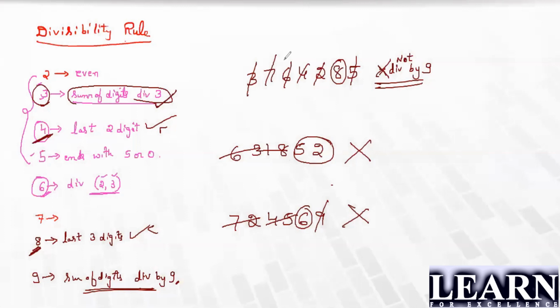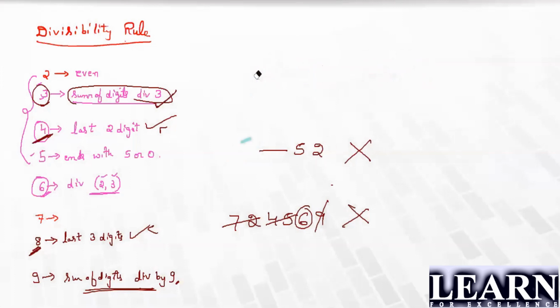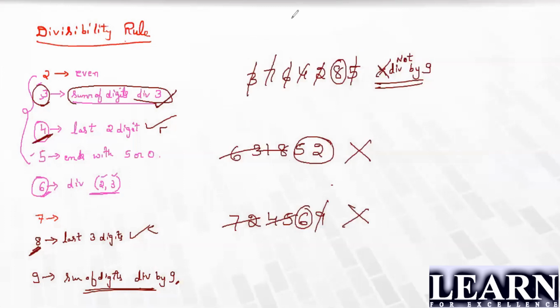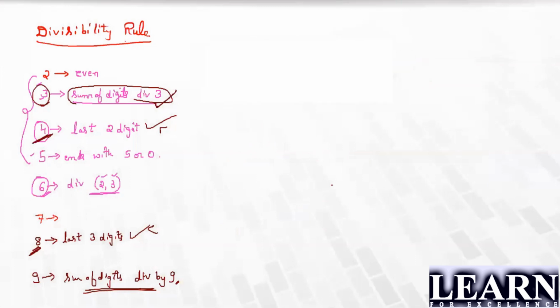These are the divisibility rules for one digit numbers. We have taken from 1 to 9. What about the other numbers? You will get other composite numbers like 12. When you get any composite number, you have to check for co-primes. You should not take 2 and 6, it is not possible.